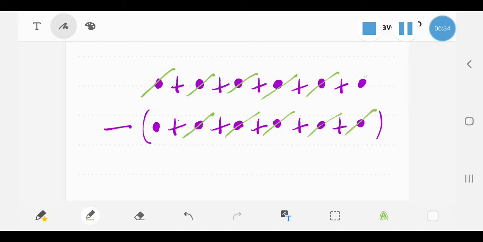This top element here has nothing to cancel with down here, and this bottom element here has nothing to cancel with up here. So these two are our leftovers. They are what remain on the right-hand side of the equation.